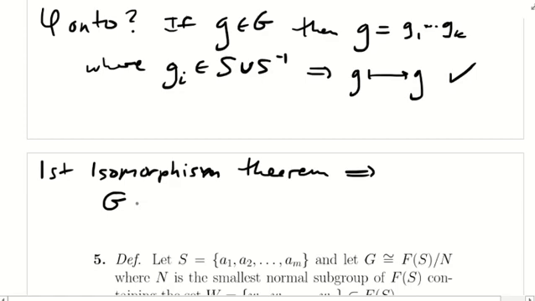That's going to be isomorphic to the domain modulo whatever the kernel is, right? So that means G is isomorphic to the factor group of some free group.